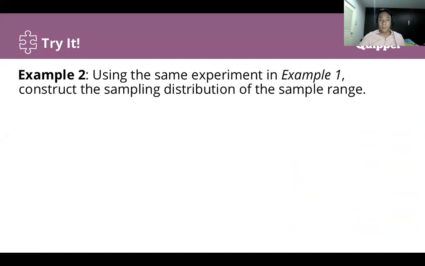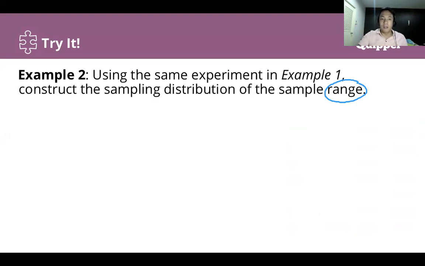And then for our example 2, using the same experiment in example 1, construct the sampling distribution of the sample range. Okay, from the word range, we will just subtract the first number from the second number, or count what will be the range of those numbers.